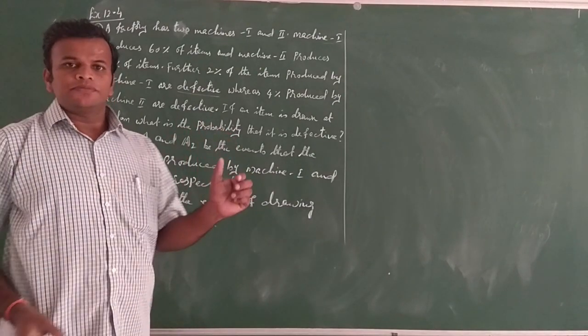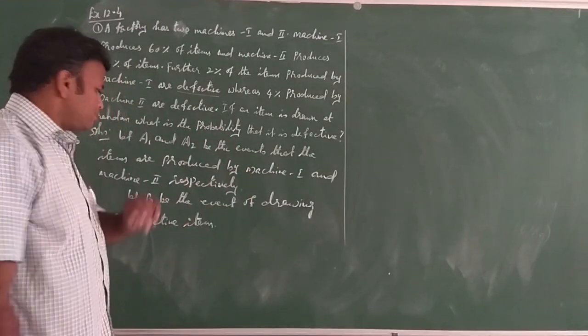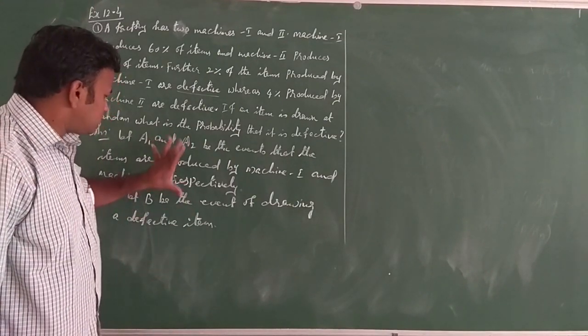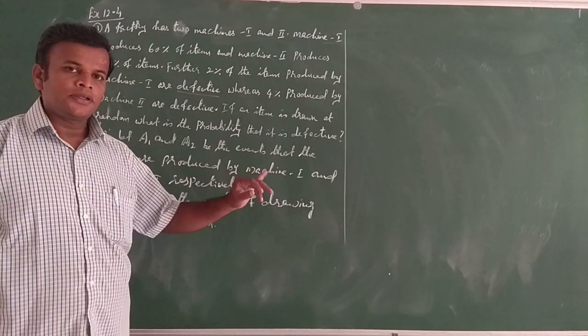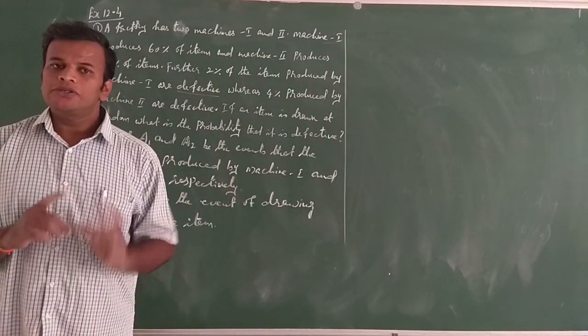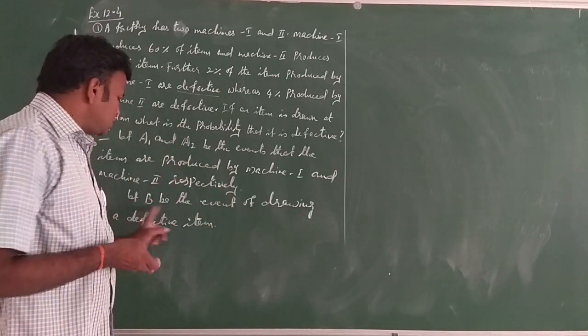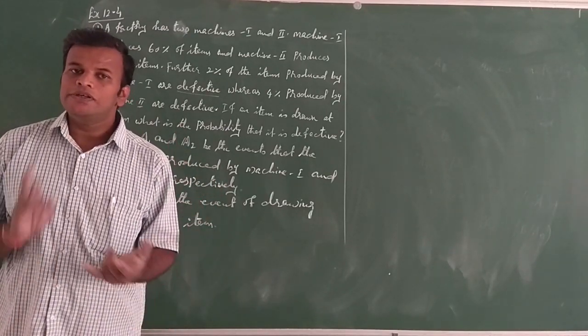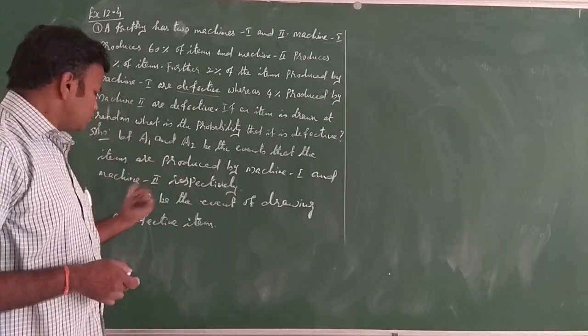Suppose we take one item and it is defective, then the name of the event is B. These two lines are very important, we must write this. Maximum we take the event names A1, A2, A3 up to B, because all formulas use them. So I will take A1, A2, B.